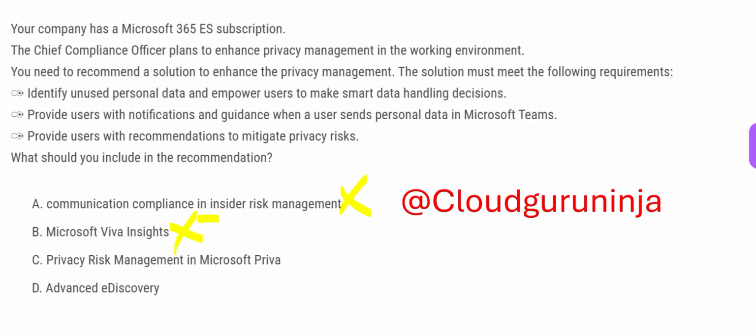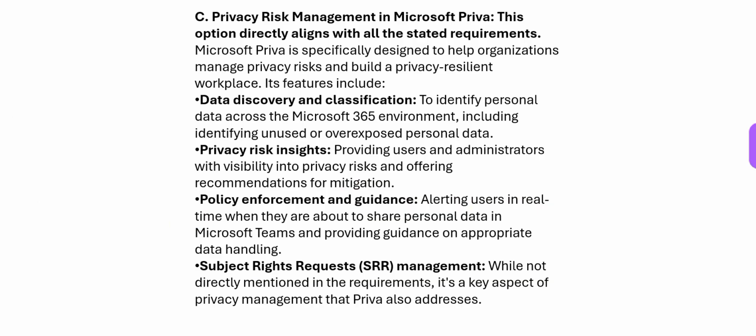Privacy risk management in Microsoft Priva. Best option, best. See, it has data discovery and classification features. It will immediately tell us that in your document that you have uploaded, there is a mention of social security number, and it will classify and tell, but this is overexposed personal data.